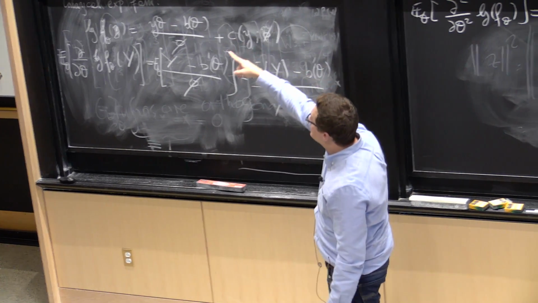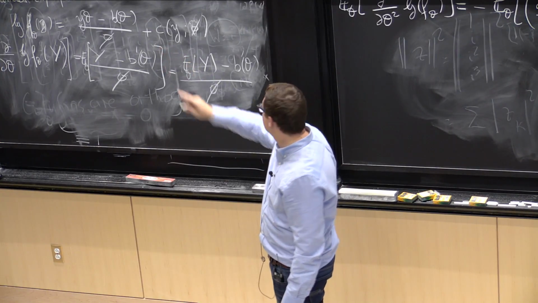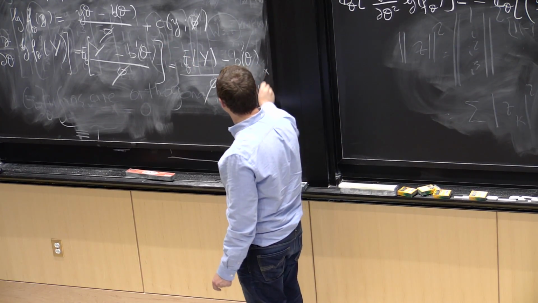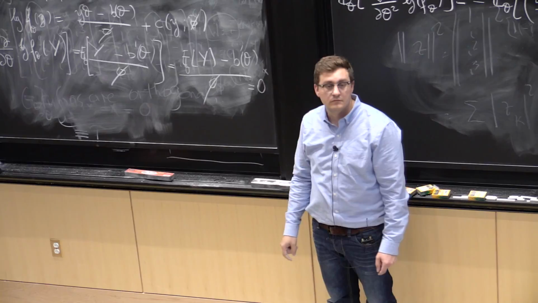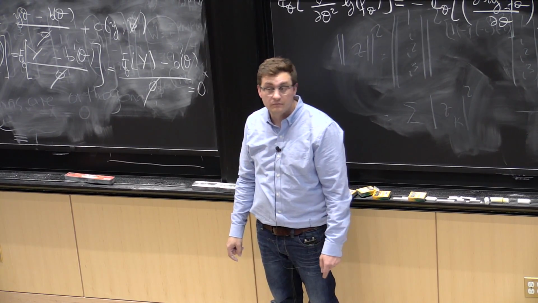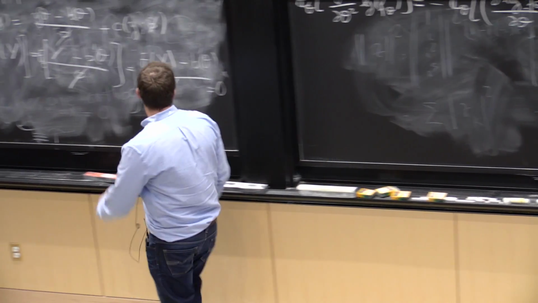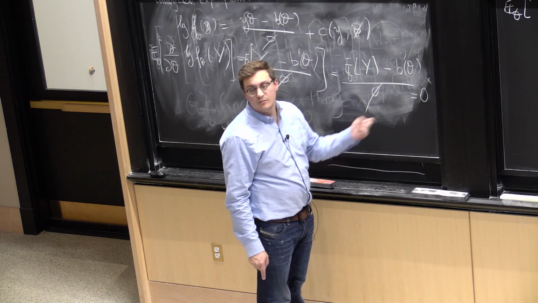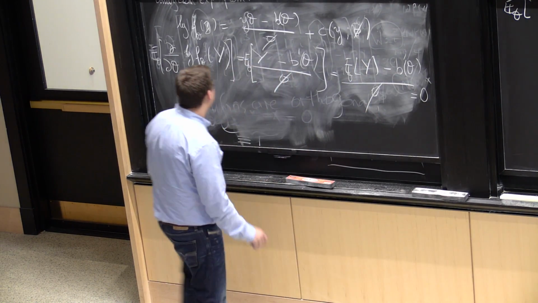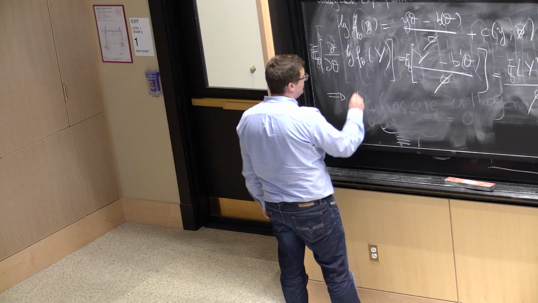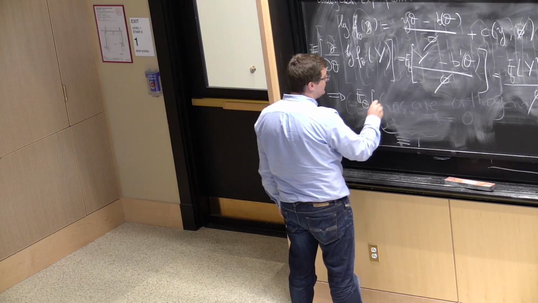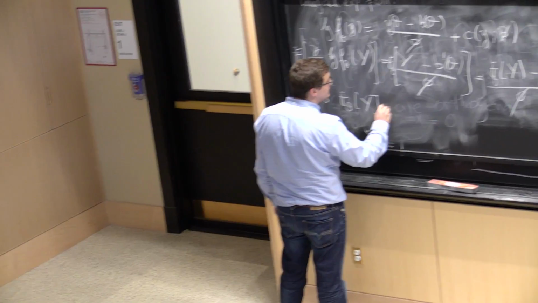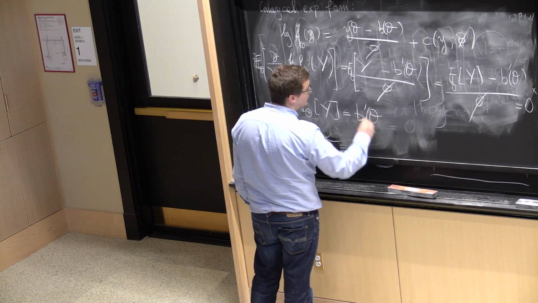But from my first equality over there, I know that this thing is actually equal to 0. We just proved that. So in particular, since phi is non-zero, or phi is not infinity, say, this guy must be equal to this guy. And so that implies that the expectation with respect to theta of y is equal to b prime of theta.